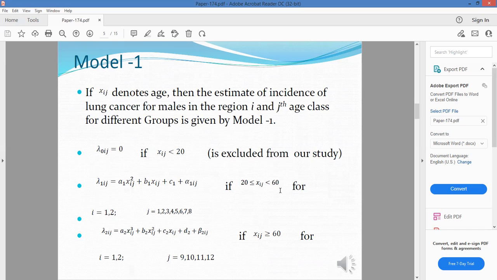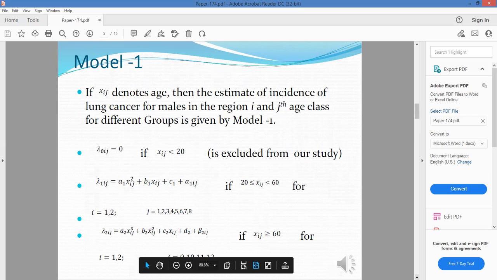In the age group 20 to 60, by trial and error, we fitted different models, but we found that lambda 1ij equals a1 xij square plus b1 xij plus c1 plus alpha 1ij is a good model which closely relates to the existing data.